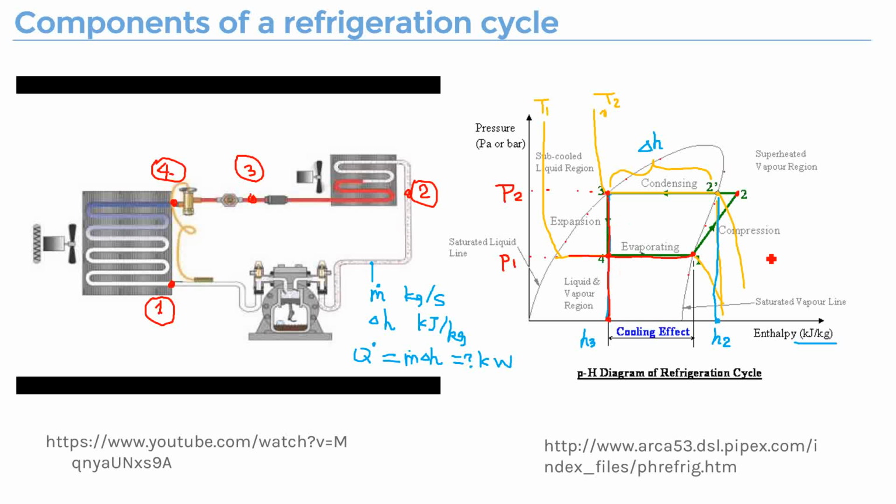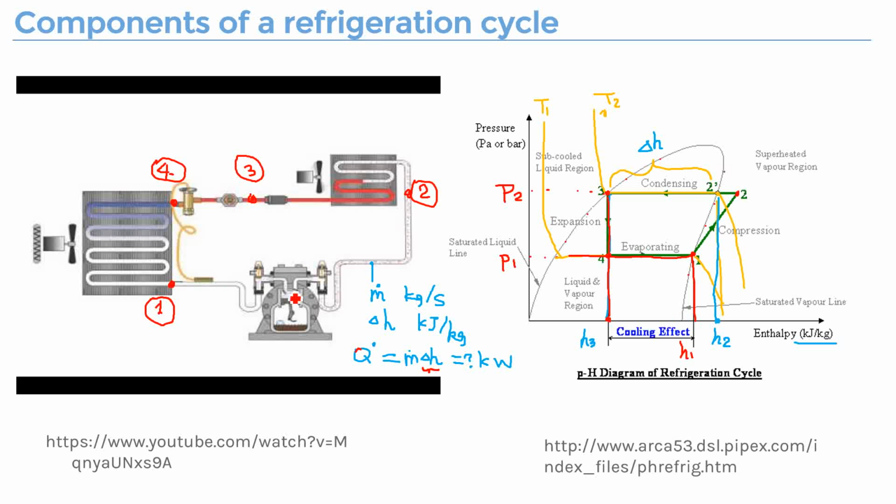And these 4 processes make up this refrigeration cycle. And just as you observed, you can calculate the Q dot for each process by finding the enthalpy difference. So for the evaporator, the amount of heat being absorbed would be H1 minus H3.